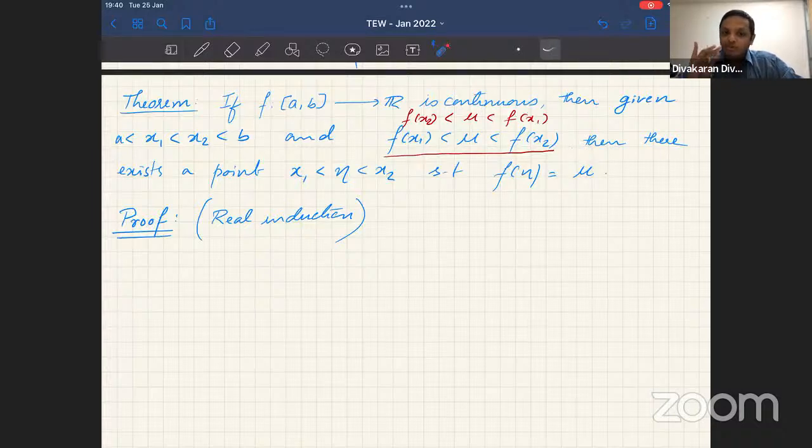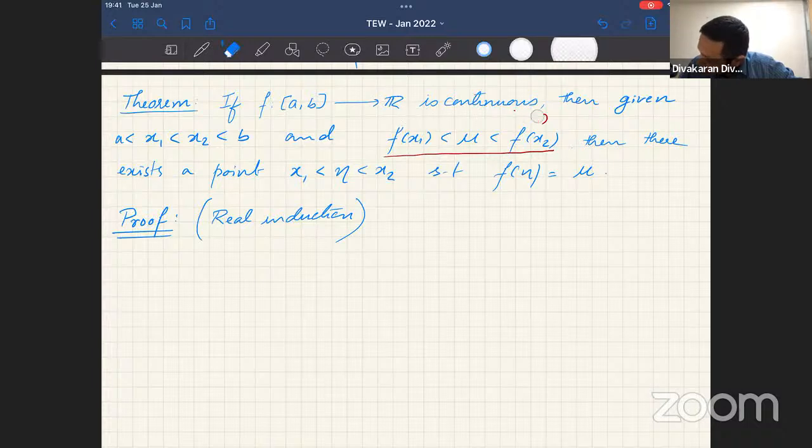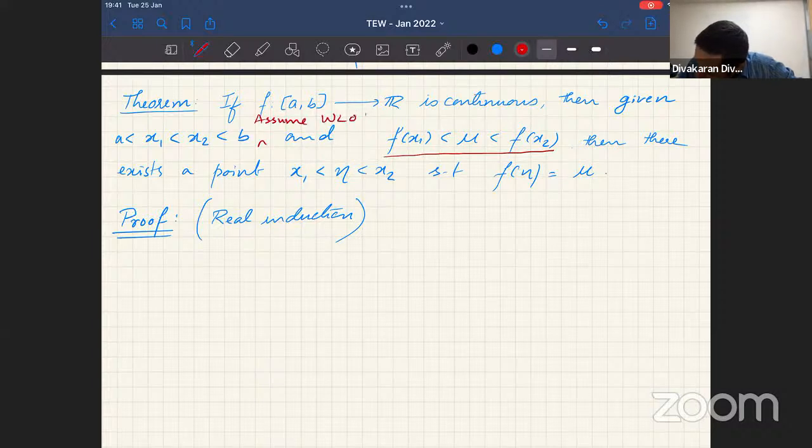Okay, so I'm going to assume that f of x1. So I'm going to write that here. I'm going to rub this, and instead, I'm going to write here: assume without loss of generality that f of x1 is less than f of x2.